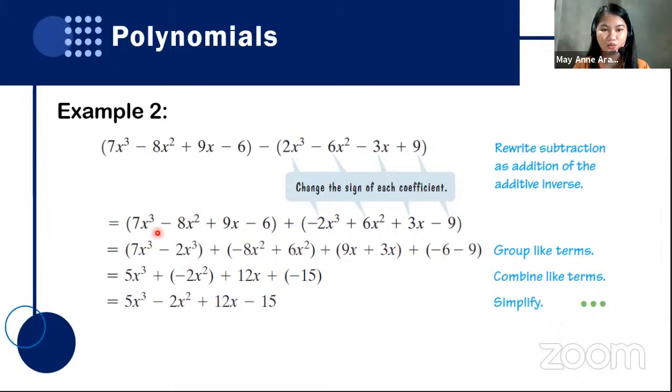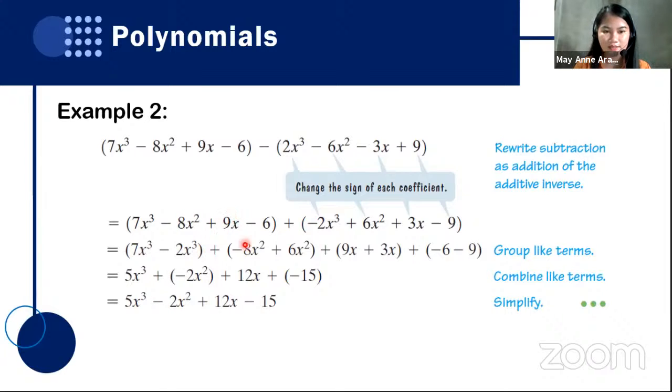So 7x cubed minus 2x squared, that is 5x cubed. And another like terms, we have negative 8x squared and positive 6x squared. So add, you have negative 8 plus 6 is negative 2. We have negative 2x squared, copy the variable.